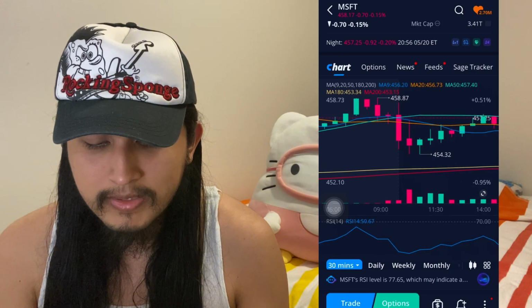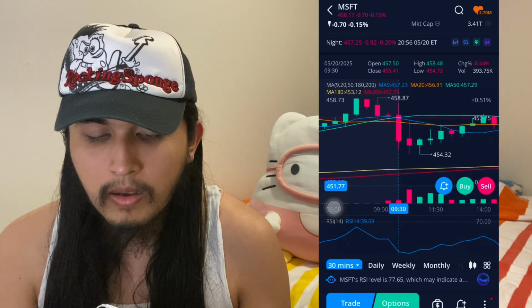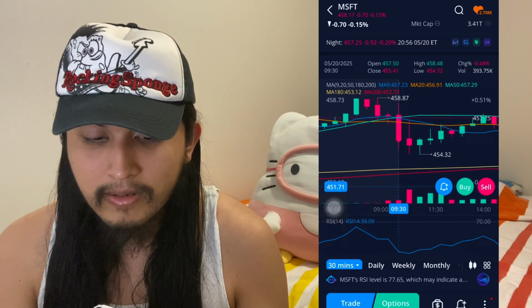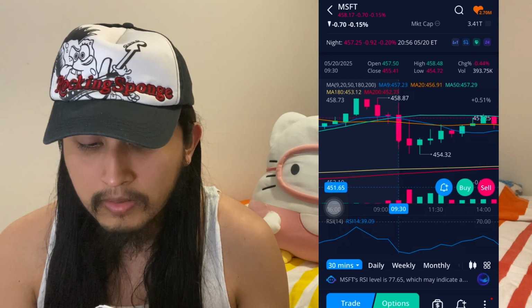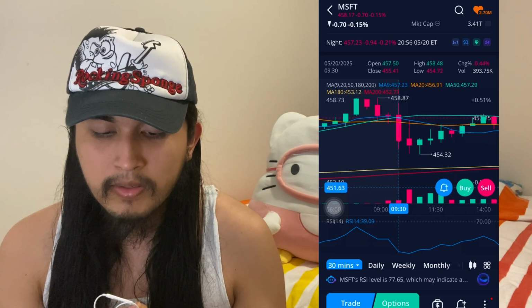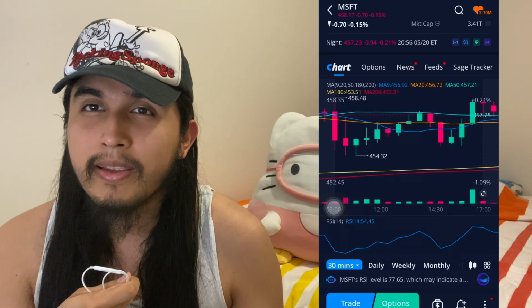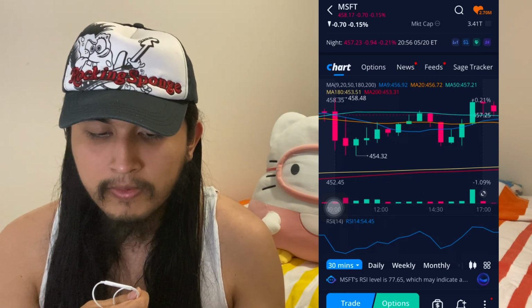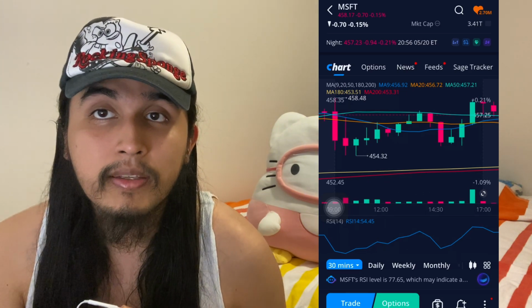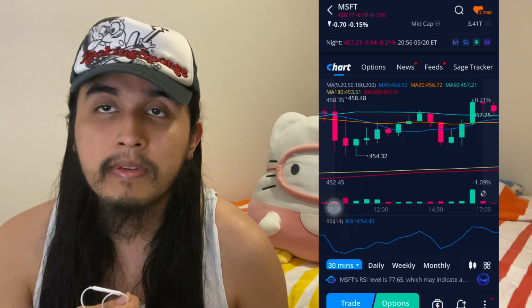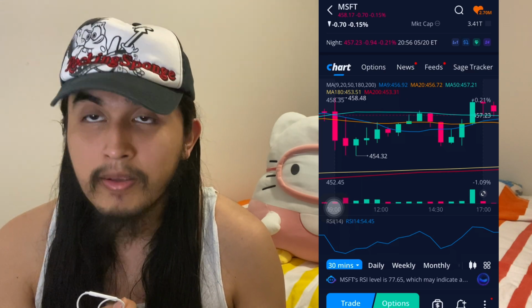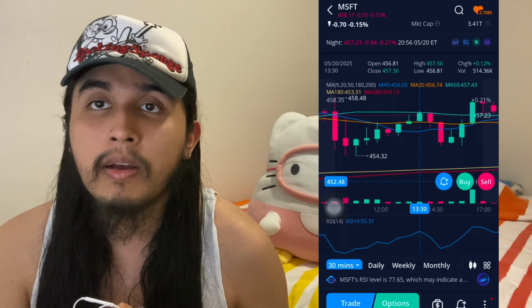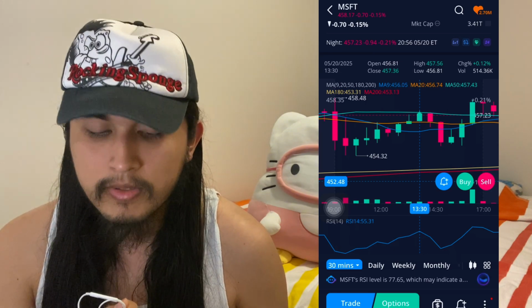This big candle in the pre-market had trouble staying above it. So I said, let's see if it can retest that 50-day moving average throughout the day, and if it breaks above it, I'll just cut out my losses once the position is down 10%.